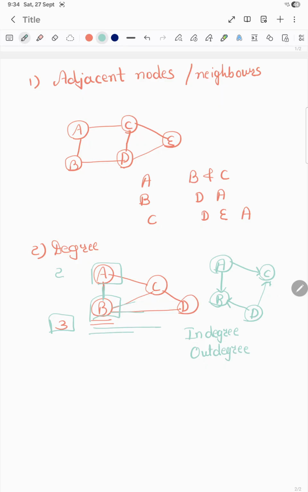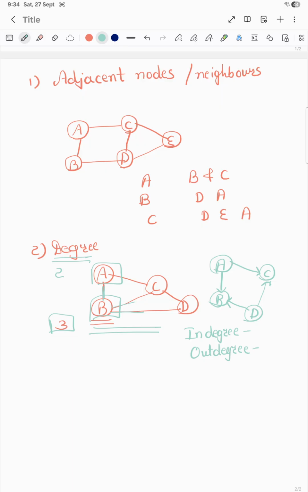For an undirected graph we don't have directions, so the degree of a node is the number of edges. But in a directed graph, there are two concepts, in degree and out degree. In degree means the number of edges coming inside, and out degree means the number of edges going outside from that particular node.